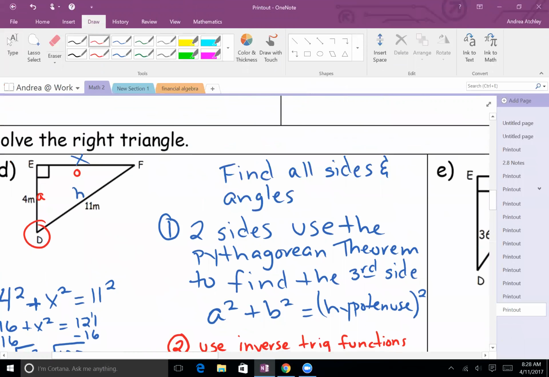So I want to use the ones that they gave me, which would be the adjacent and the hypotenuse. If we did find EF correctly, we could use it and get the same answer. We just want to always use the ones they give you. Any questions?